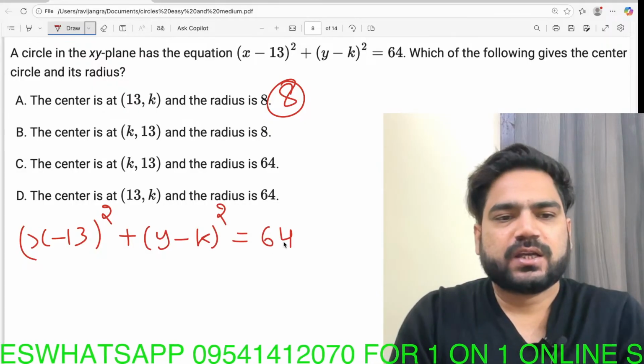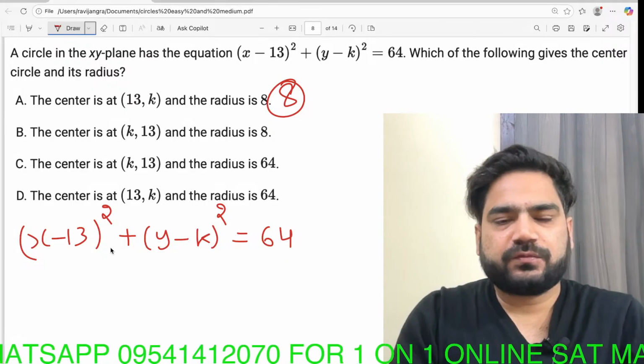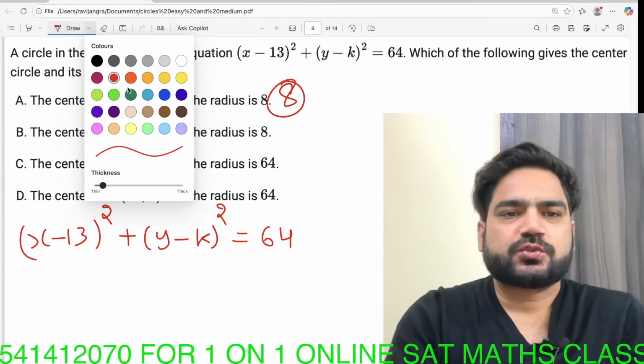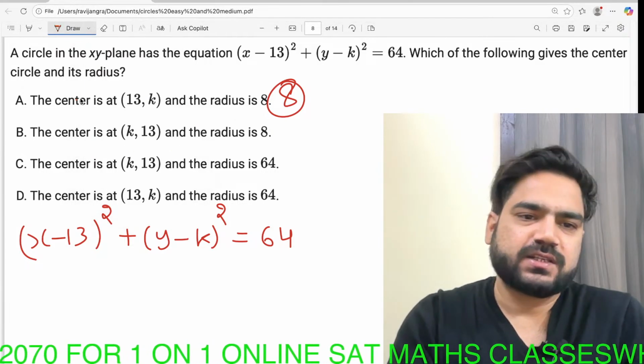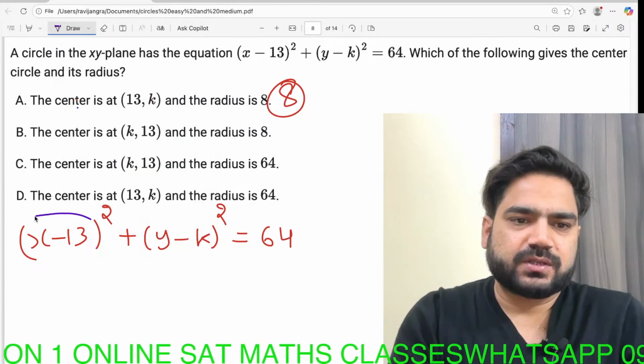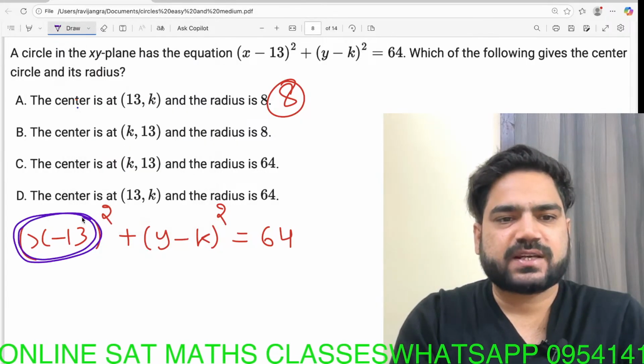If this type of equation, the standard form of a circle, is given, how do you find its center? You look at the x part, which is x minus 13.